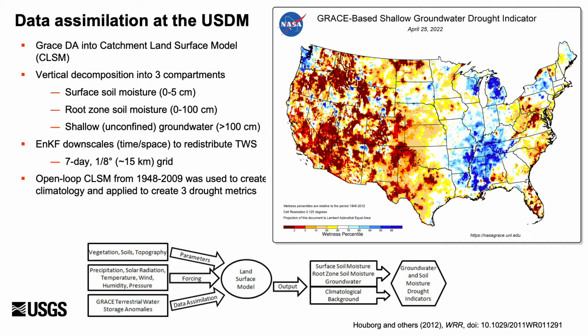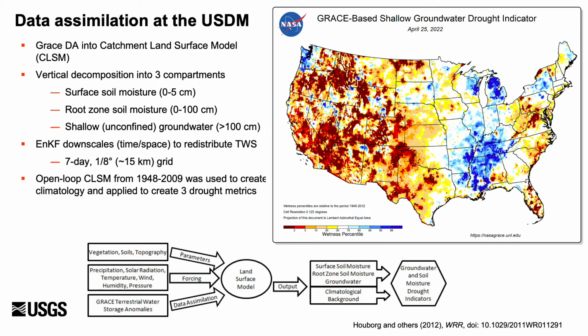In order to increase the temporal and spatial resolution of GRACE data and to isolate groundwater from total terrestrial water storage, scientists at NASA Goddard Space Flight Center integrated GRACE data with other on-ground and space-based meteorological observations within the catchment land surface model using ensemble Kalman filter, a type of data assimilation.